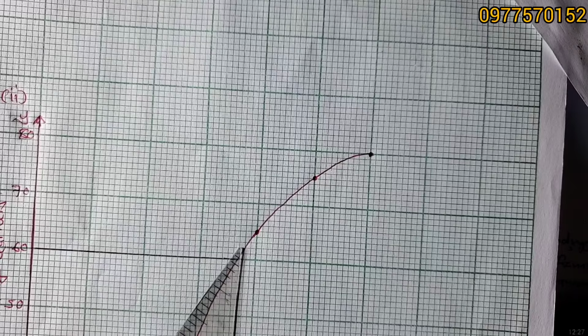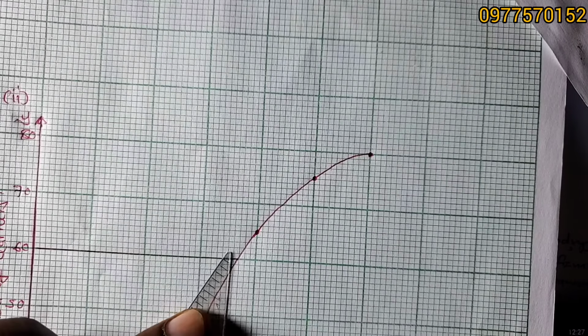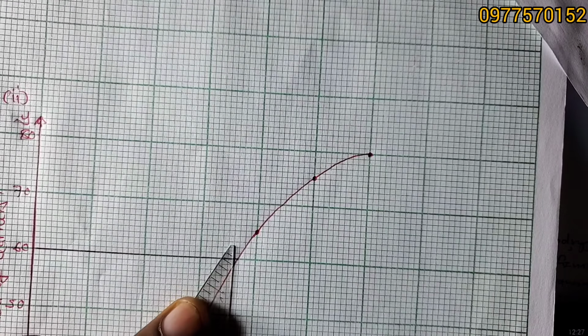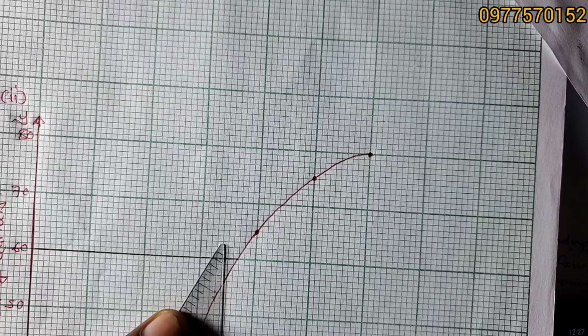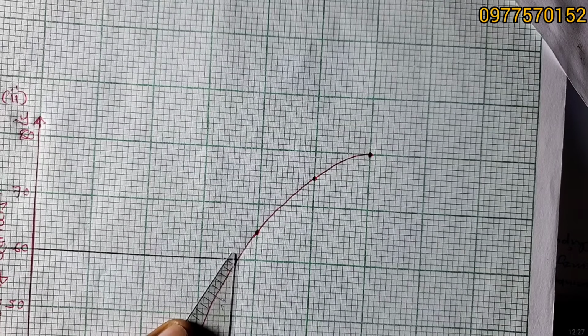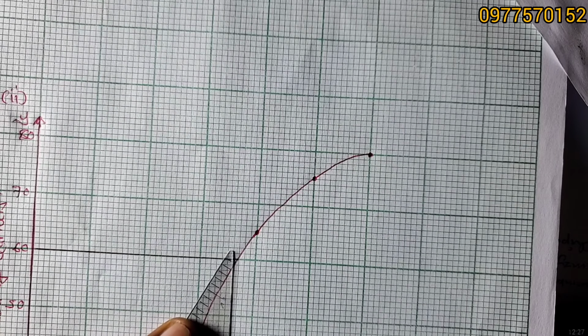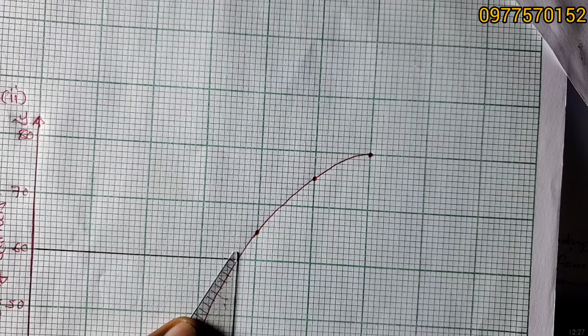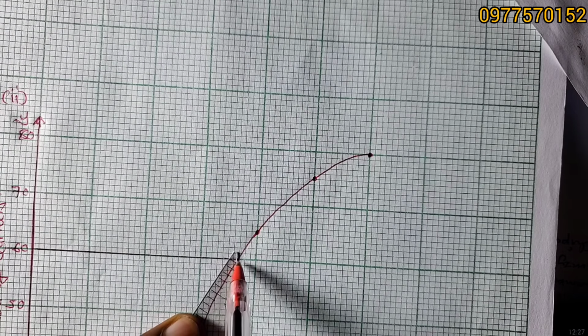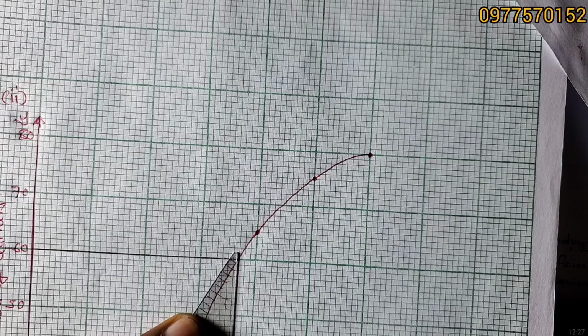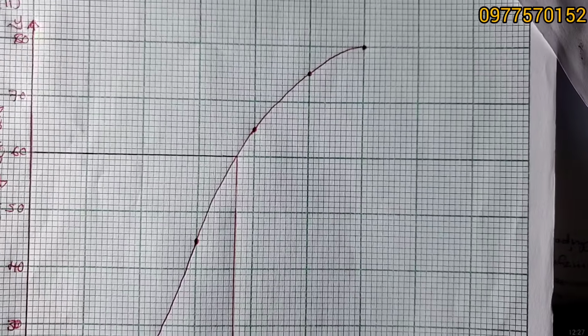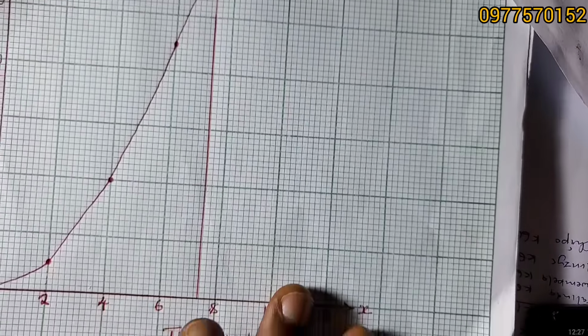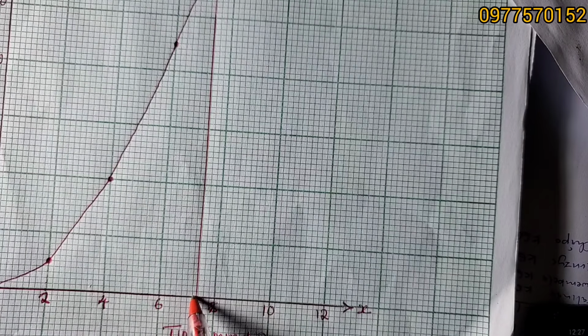Then drop the line nicely, like this. So, indicating here.